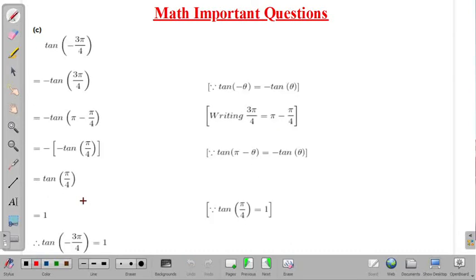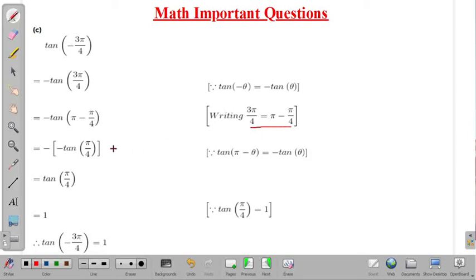In part C we need to find the value of tan of minus 3 pi by 4. Here this angle is negative, and we know that tan of minus theta equals minus tan theta. So it can be written as minus of tan 3 pi by 4, and 3 pi by 4 we can write as pi minus pi by 4.